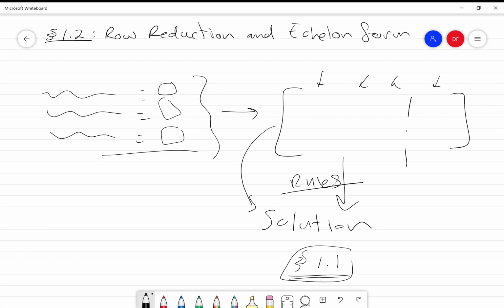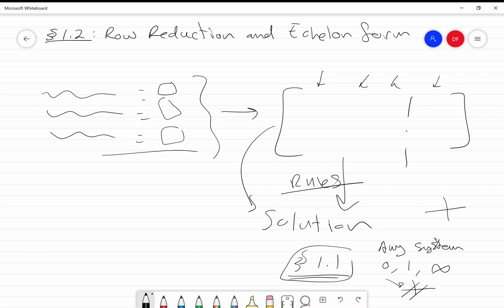And in section 1.1, we found out that any system has either 0 solutions, 1 solution, or infinitely many solutions. And we also looked at a 2-dimensional case where a solution is an intersection of 2 lines, and for 0 solutions we have something like this.